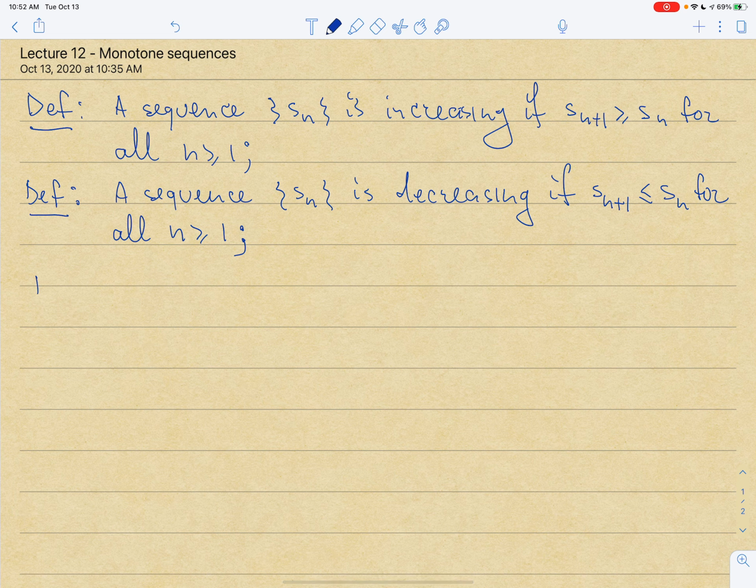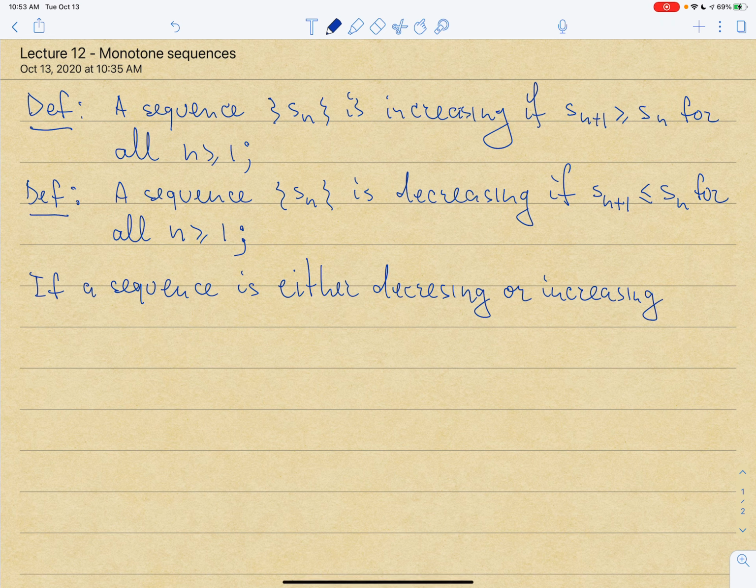Then if a sequence is either decreasing or increasing, the common name for this is going to be that the sequence is monotone.